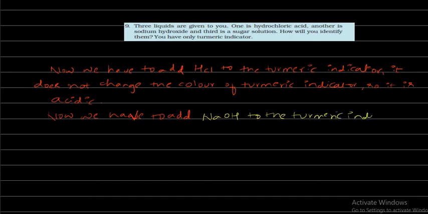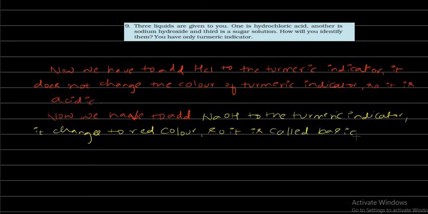What happens? The indicator changes to red color. I have shown in my previous video. If you watch that video, you will get to know how the base will react with the turmeric indicator. It changes to red color. So it is called basic.